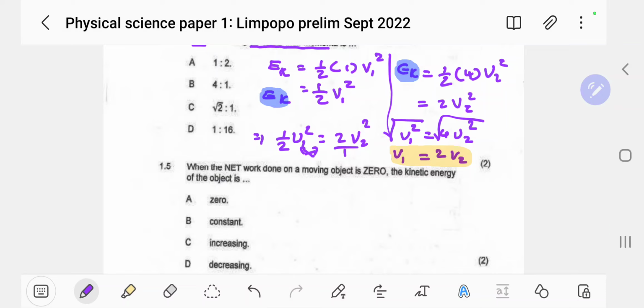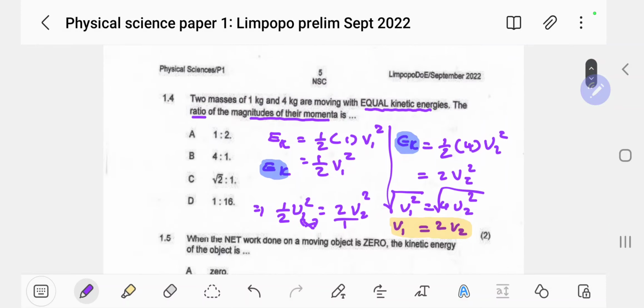Yeah, V1 is 2 times the velocity of the second object.